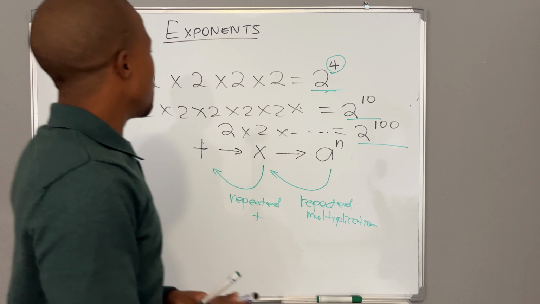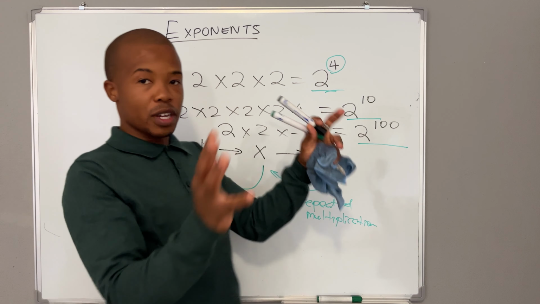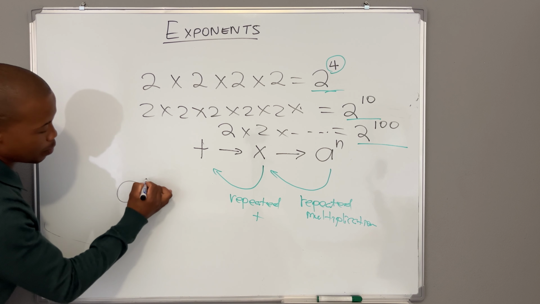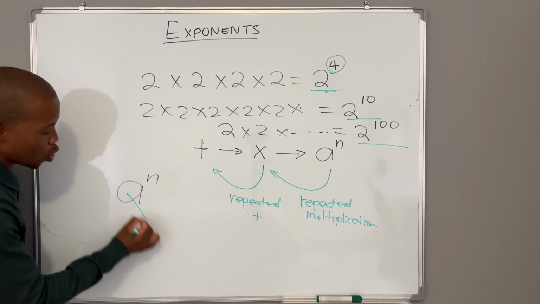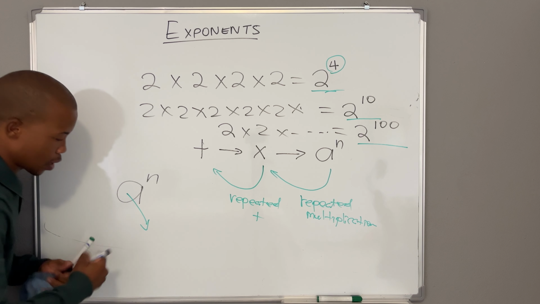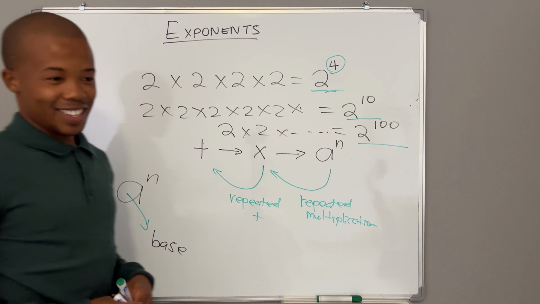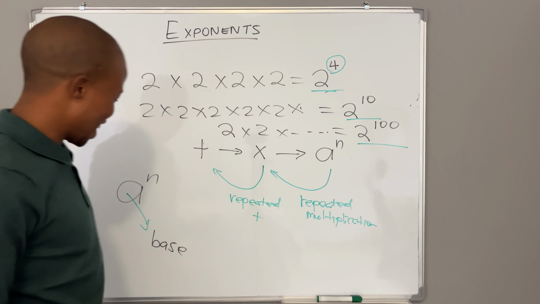Are we together? So with an exponent, this is the format of writing an exponent, right? You have something, for example, in this way, right? This thing, we call it a base. This is a base, like a base, right?